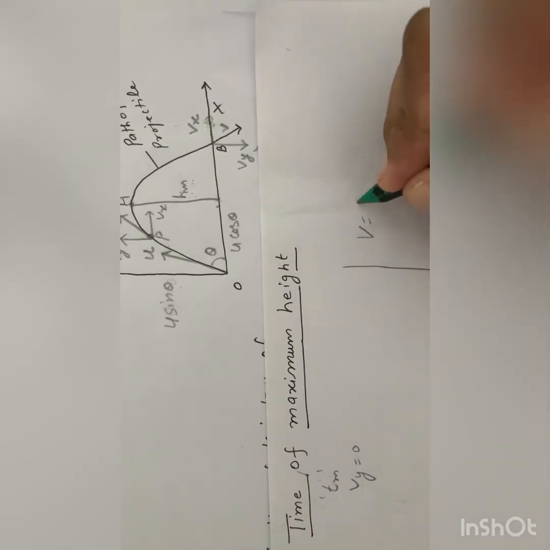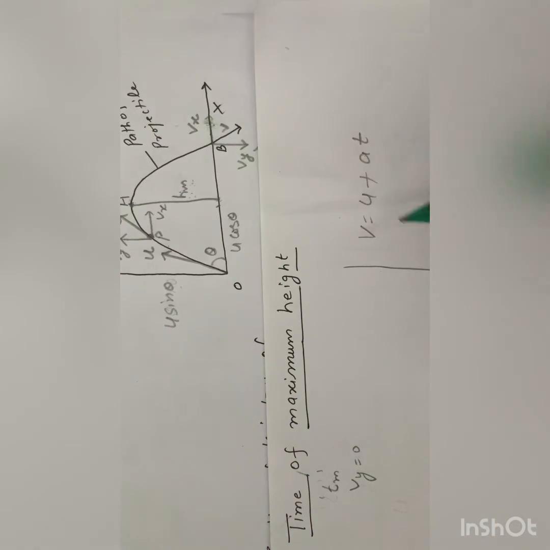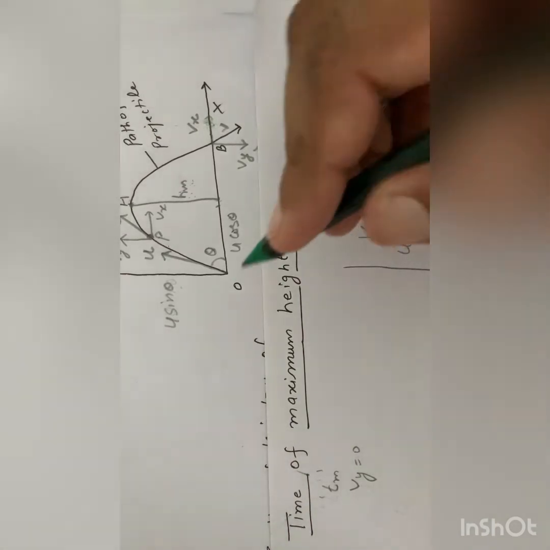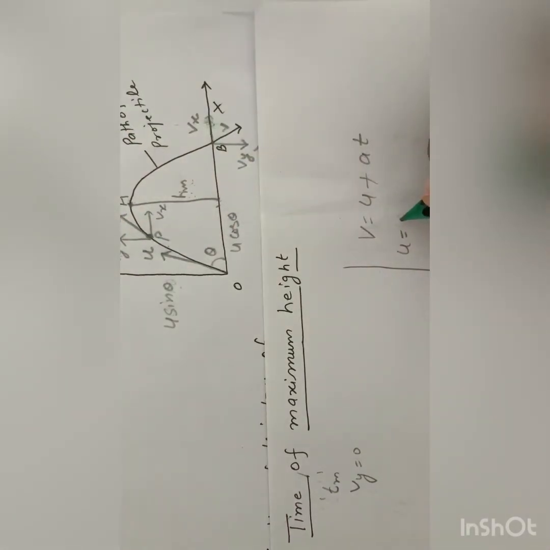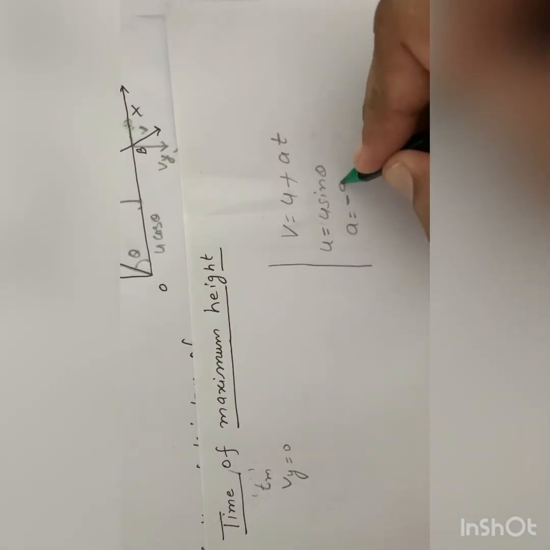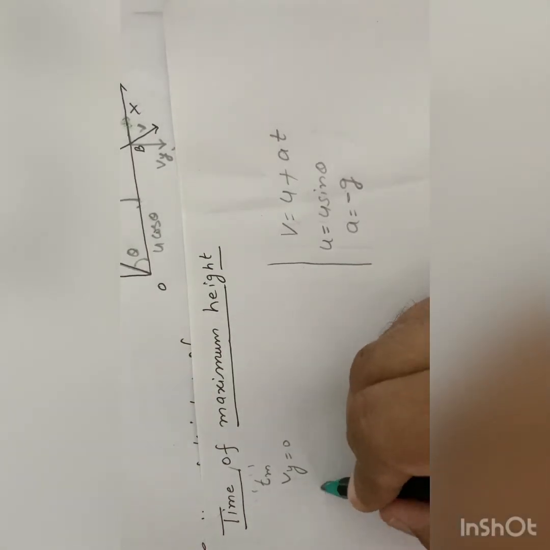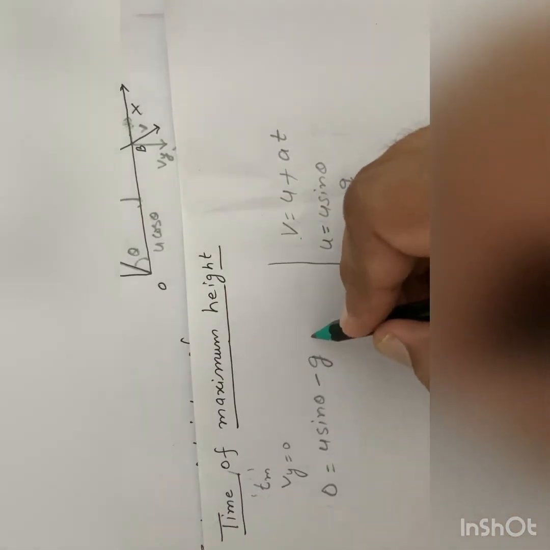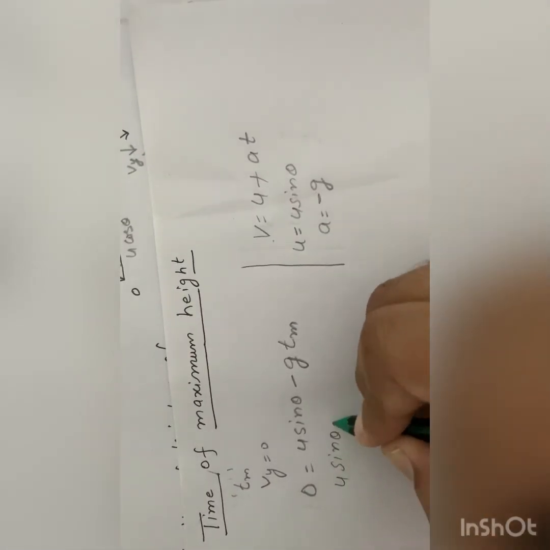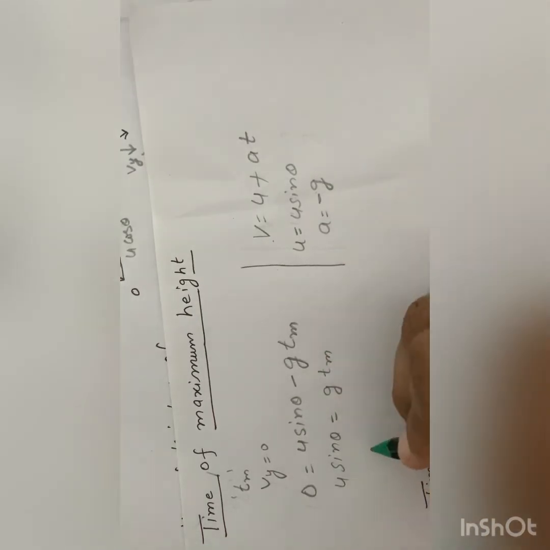We have v equal to u plus at. Here u is the velocity in the vertical direction initially, that is u sin θ. a is acceleration due to gravity, so we have 0 equal to u sin θ minus g Tm, or u sin θ equals g Tm. So Tm is equal to u sin θ over g.